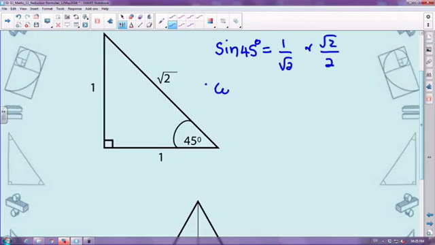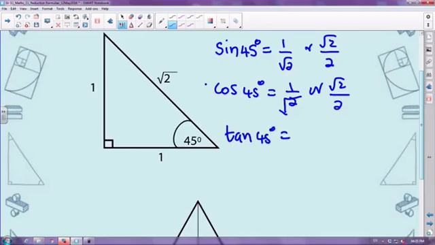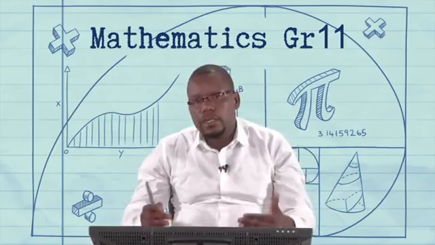The same thing applies to cos. Cos 45 is 1 over root 2, or the square root of 2 over 2. But now the tan of 45, remember, tan is y over x, so that is 1 over 1, which gives us 1. At any given time, you can be asked to simplify a problem when it gets to the special angles.